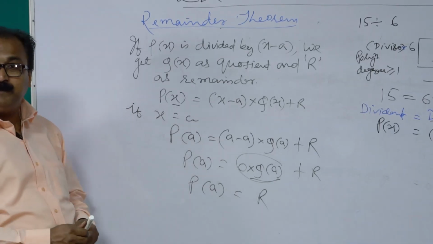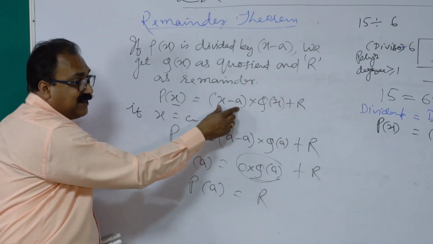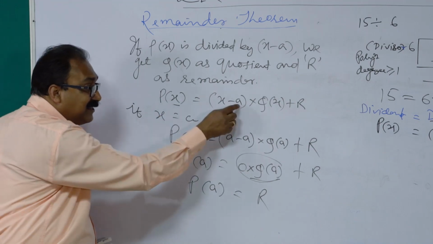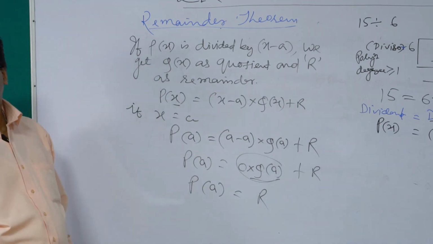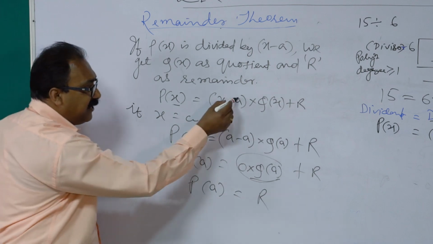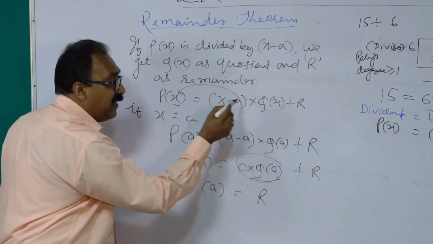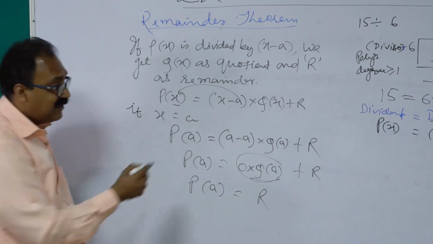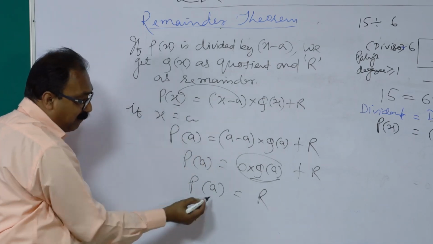What do we learn from here? If x minus a is the divisor, the remainder will be p of this value. So easily recognize it. Put this value here, and get the remainder when this one is divided by this. This minus sign we consider here as plus.